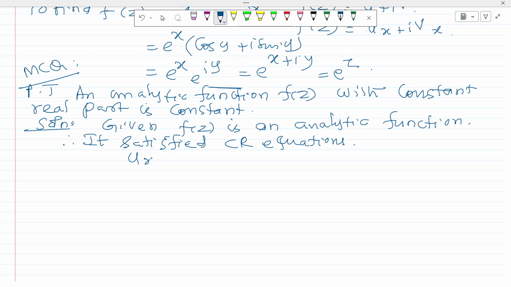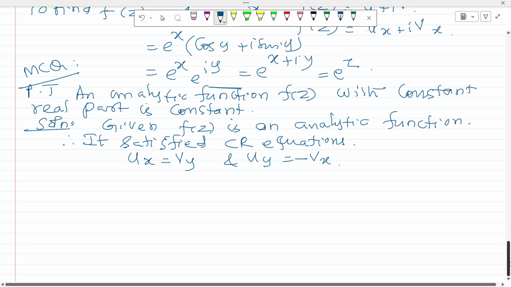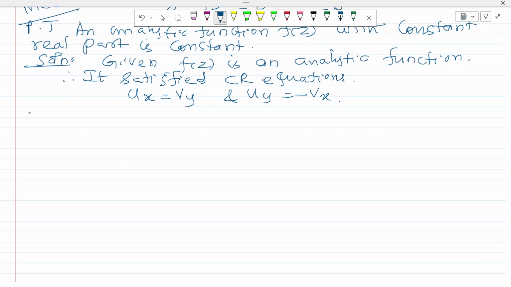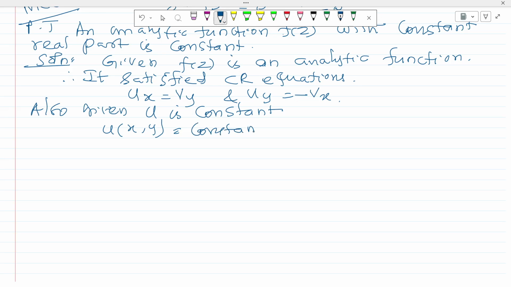That means ux equal to vy and uy equal to minus vx. Is it not? Also given u is constant. U is a function of x comma y. It is given u of x comma y is constant.